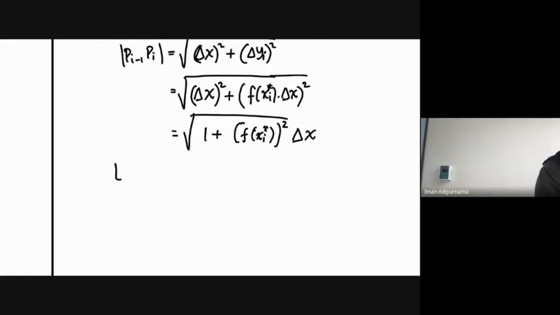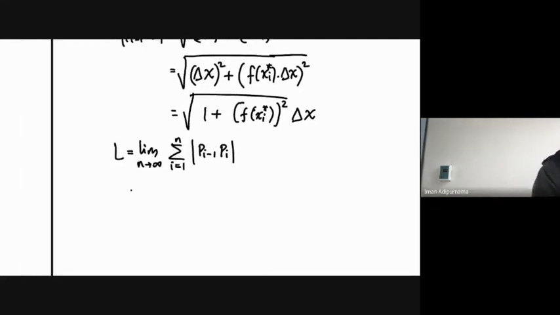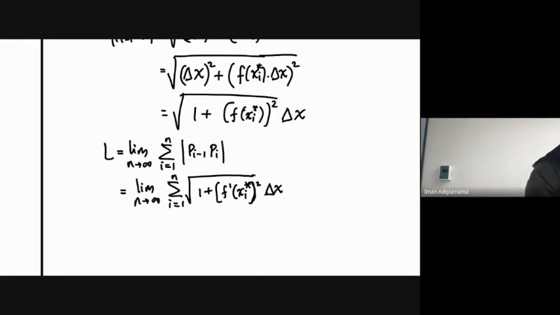Now we have L is the limit as n approaches infinity.